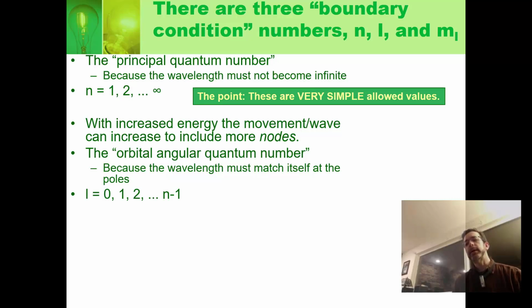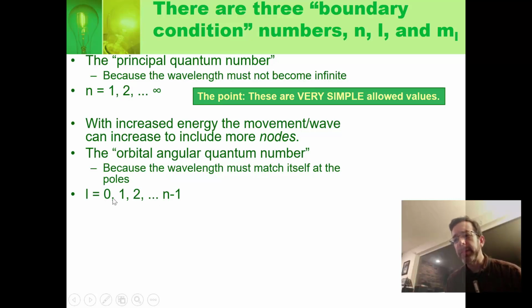Now the other boundaries are a little bit more complex. The L number is the orbital angular quantum number, and that happens because the wavelength must match itself at the poles of the atom. Okay, so that's some 3D math type stuff.